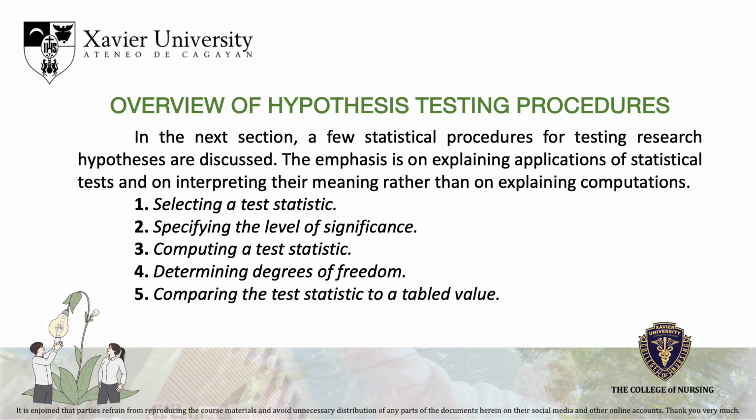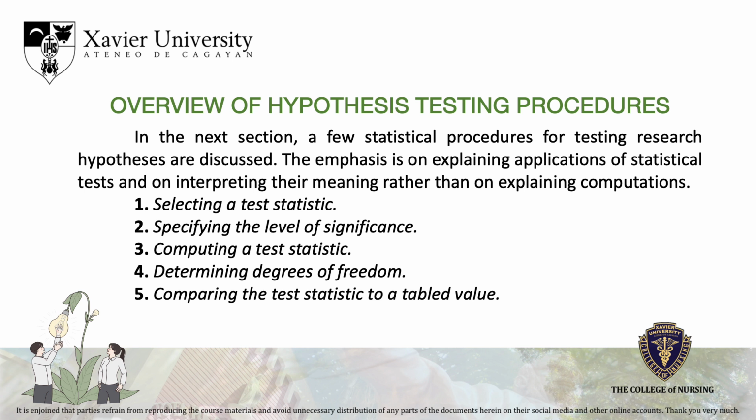Step 1, selecting a test statistic. Researchers select a test based on such factors as whether a parametric test is justified, which levels of measurement were used, and if relevant, how many groups were being compared. Step 2, specifying the level of significance.